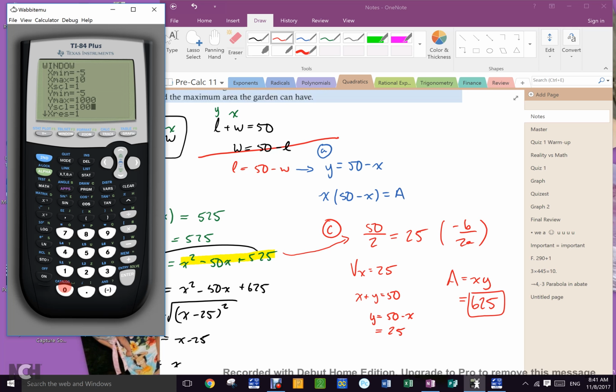Because 49 plus 1 would be 50. Yeah? So if we make our x's -5 to 50, would we be possibly in good shape? And I made my scale 10, which will mean I'll have how many ticks across my x? 5. Let's see what happens if we graph that.